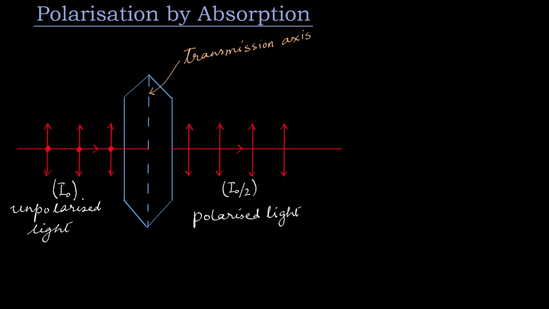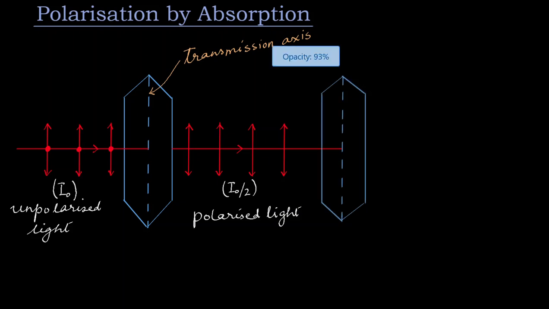All right. So let us take a second tourmaline crystal. Let's put this tourmaline crystal there so that its transmission axis, the dotted line, is parallel to the transmission axis of the first crystal. Do you think that this light will be able to pass through?